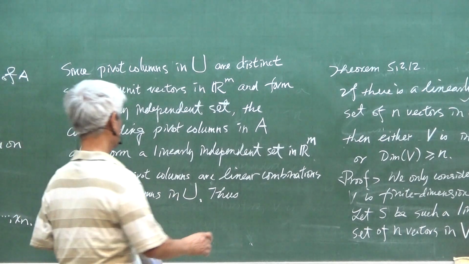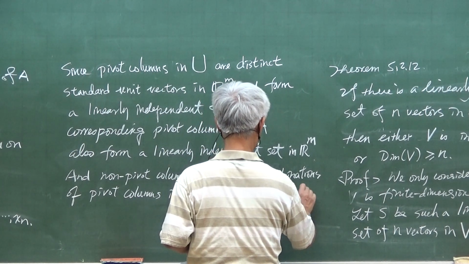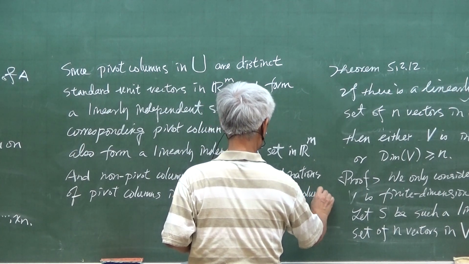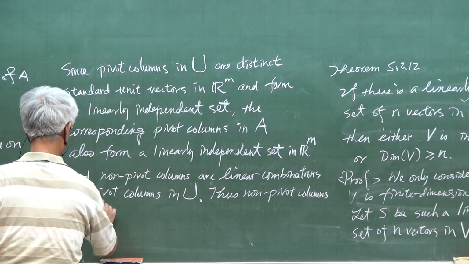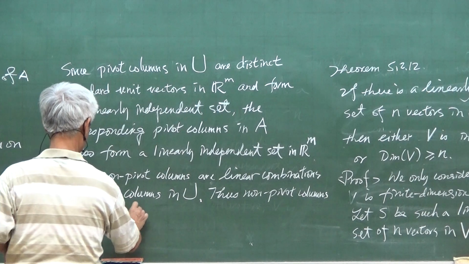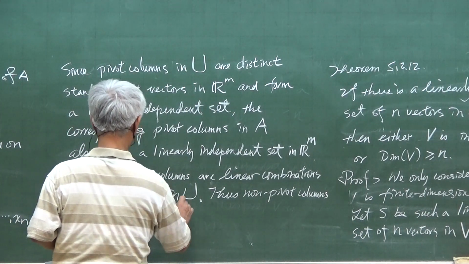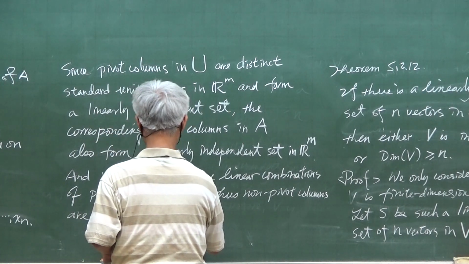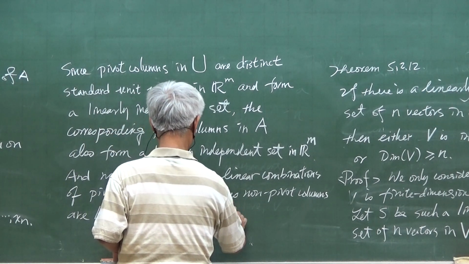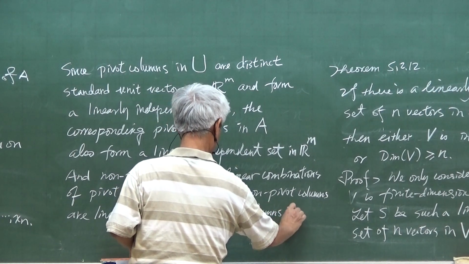So that's non-pivot columns are linear combinations of pivot columns in A.